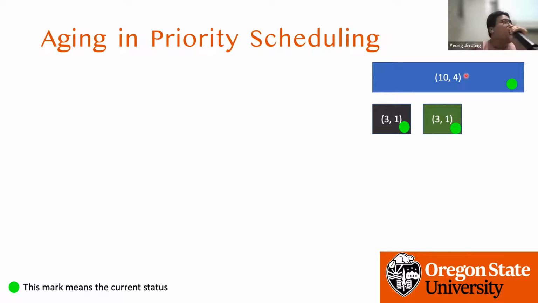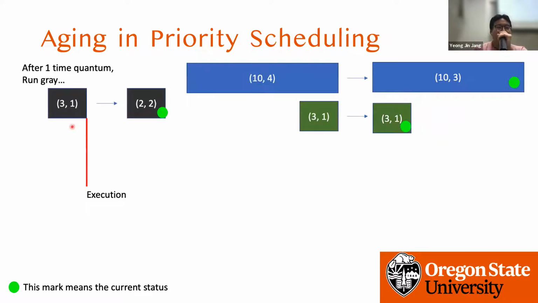Based on the priority scheduling, we should schedule this one first. They have the same priority, but suppose this one comes first. Then we schedule this one first. After running this one, because we already consumed 1 time quantum, we decrease the expected remaining running time from 3 to 2, and increase the priority number, actually decreasing the priority of this one.